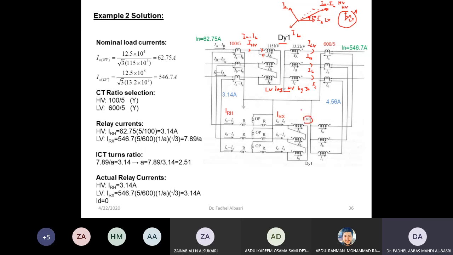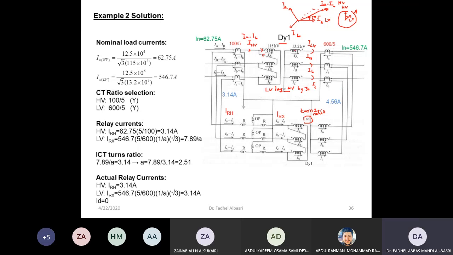This is a turns ratio, not the current ratio, okay? So if this is one turn, this will be a turn. So this is N1 to N2 or N2 to N1 or whatever. So the ratio of the winding of this transformer.